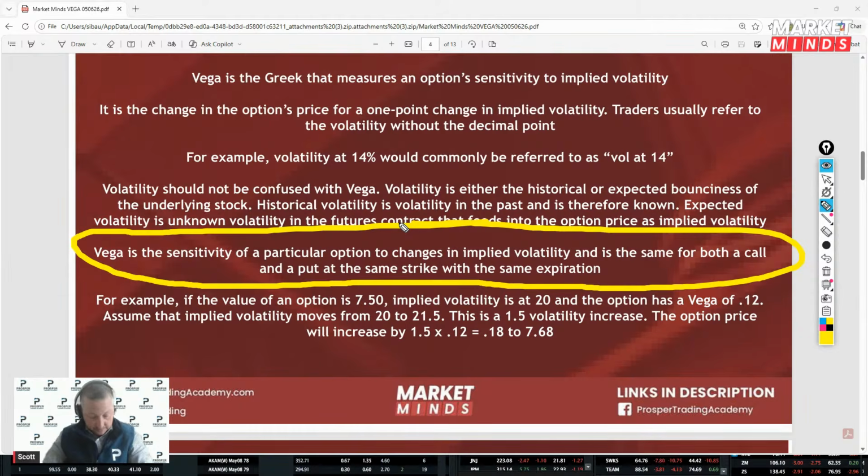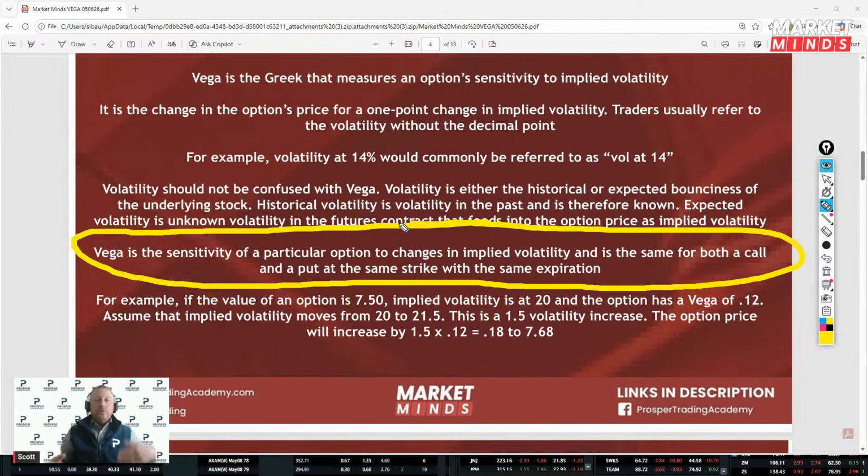Vega is the same for both a call and a put, same expiration, same strike. Unlike a call option having a positive delta and a put option having a negative delta, Vega is the same.